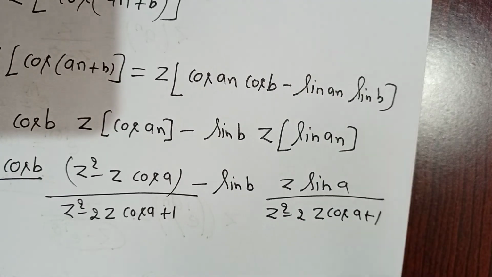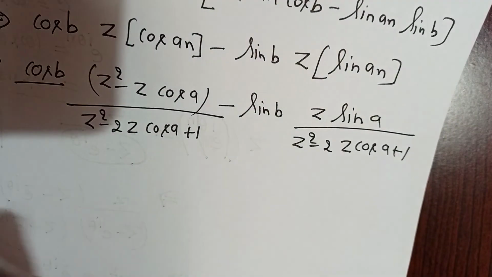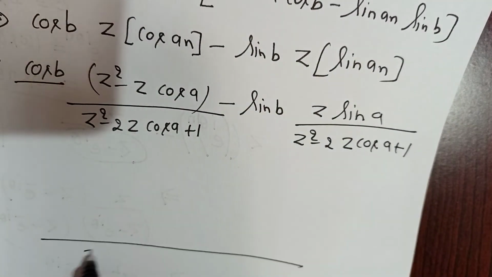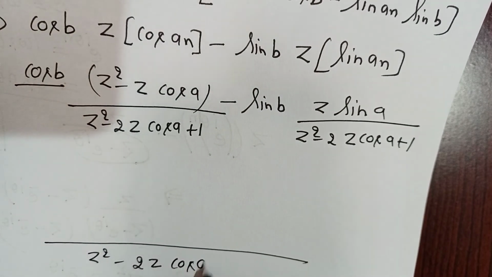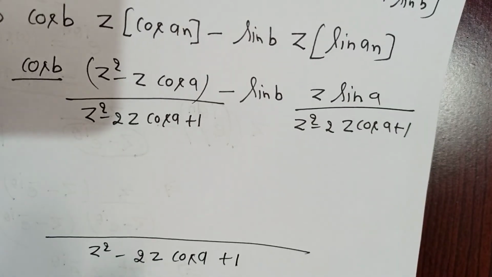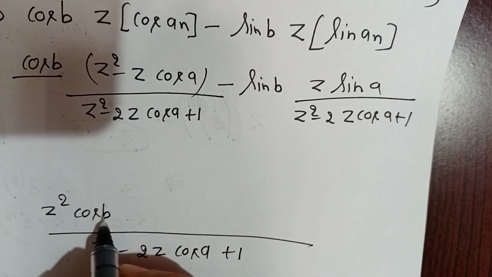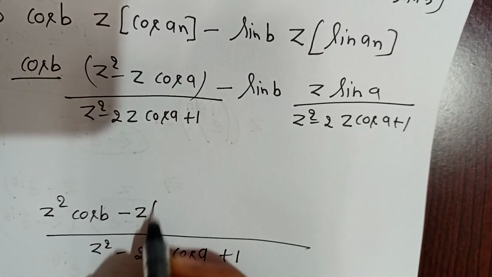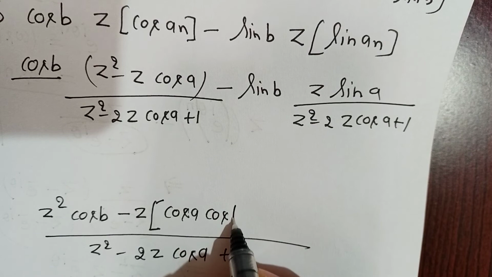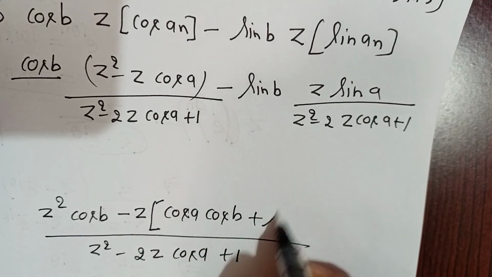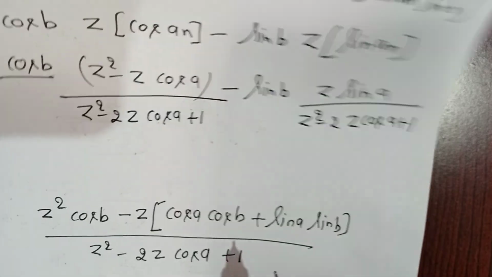Now denominator is same for both the terms, so we can simplify. So we get z² − 2z cos a + 1. So here we get z² cos b and minus z if we take common, so we get cos a cos b + sin a sin b.